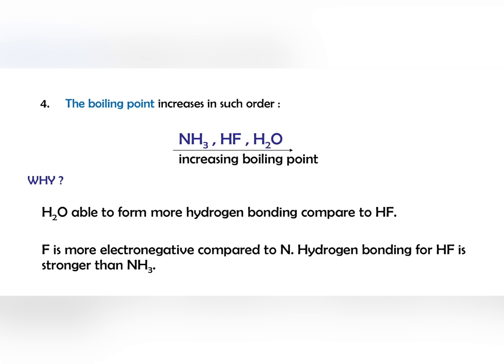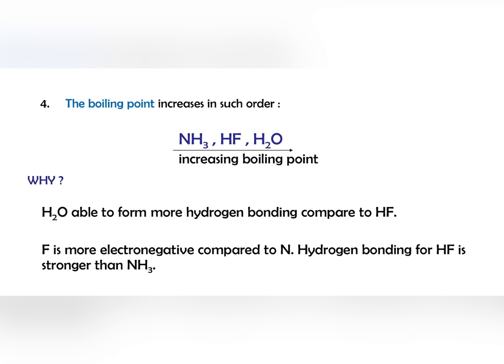Okay, so macam mana kita nak explain dalam bentuk ayat? First thing first, kita susun dulu ikut susunan NH3 ammonia, and then followed by HF, followed by H2O, and then gariskan increasing boiling point label.